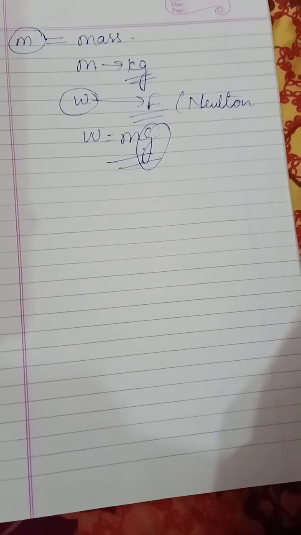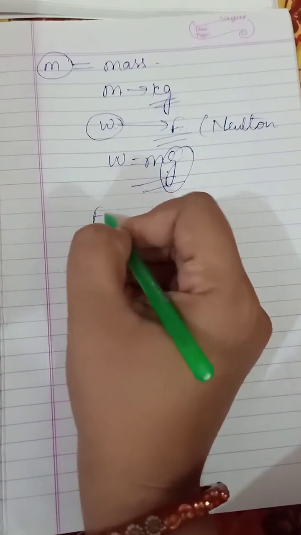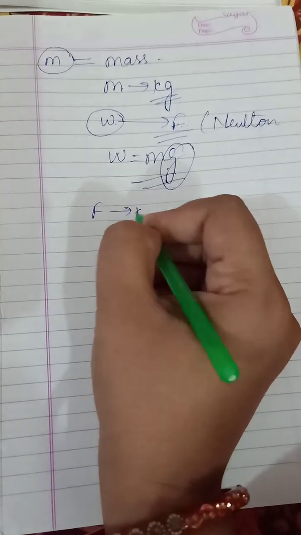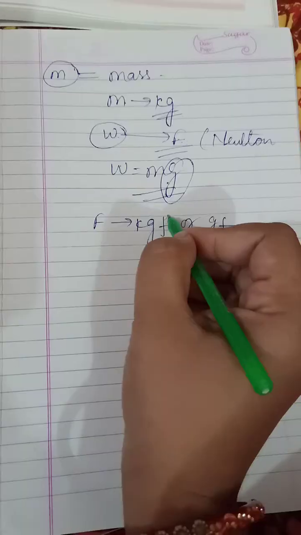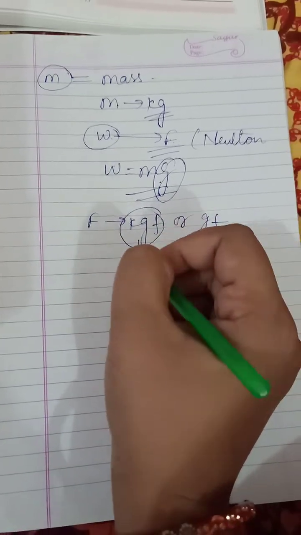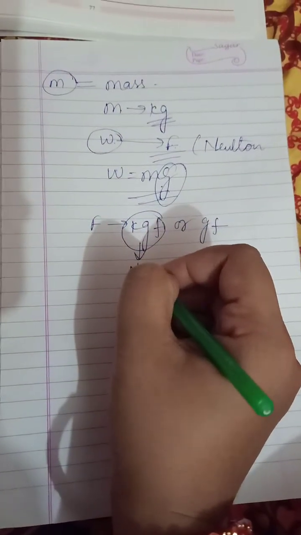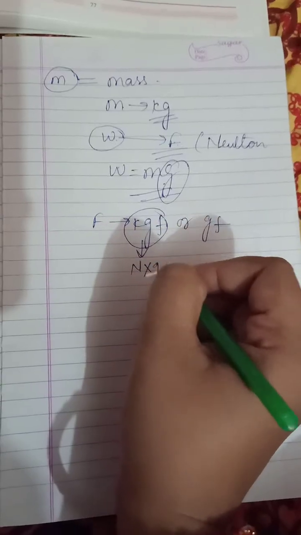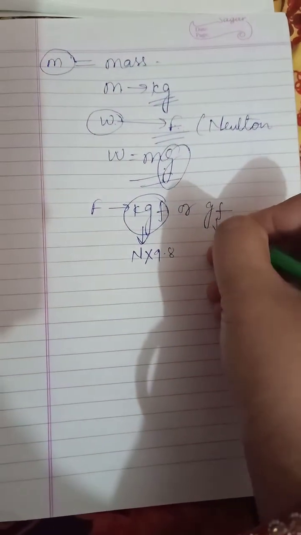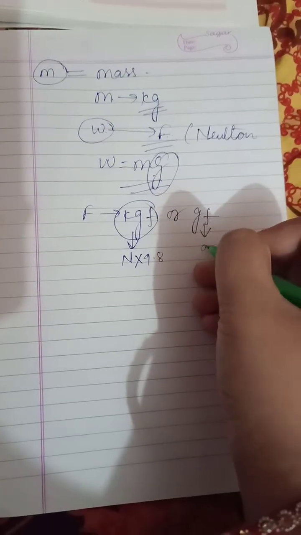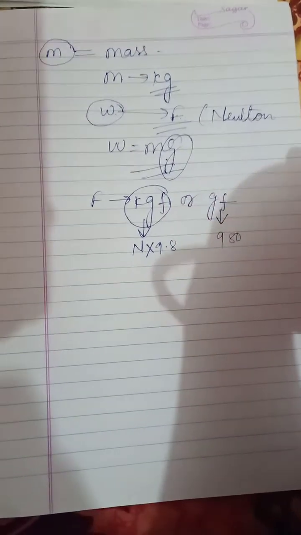Now we have some other units, or the gravitational units of force, like kilogram force or gram force. When we write kilogram force, we can convert it into Newton by multiplying by 9.8. Gram force can be converted into dyne by multiplying by 980.